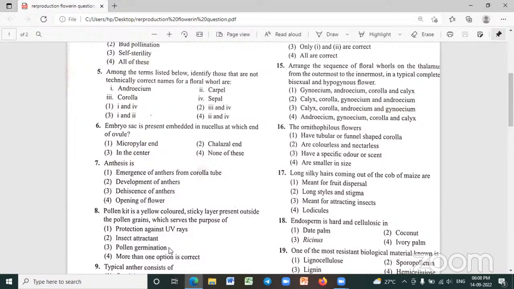Pollen kit is easily protection against the UV rays. Insect attraction also, because the yellow color easily attracts insects. Pollen germination also. These all come. So the fourth one is the correct answer.